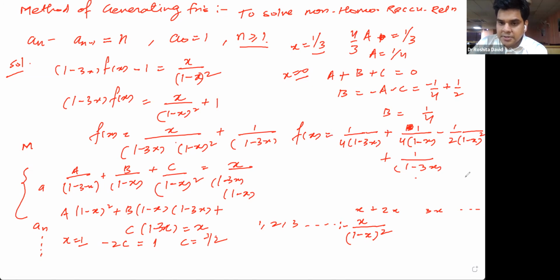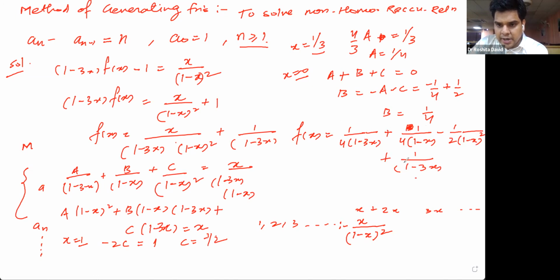Now your target is to find the coefficient of x to the power n, to get the solution. So you know the expansion of 1 upon (1 minus 3x), you know the expansion of 1 upon (1 minus x), and 1 upon (1 minus x) square.